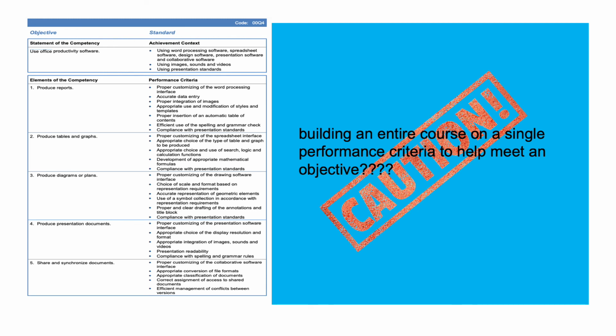The criteria must be tied to the objective to be met and not the other way around. For example, and this is an exaggerated example, a person interpreting the criteria for element 1, proper integration of images, may suggest that students learn Photoshop to do a better job of editing images before inserting them in a document, thus exaggerating the intent of the performance criteria and neglecting the objective and the context in which the competency is exercised.